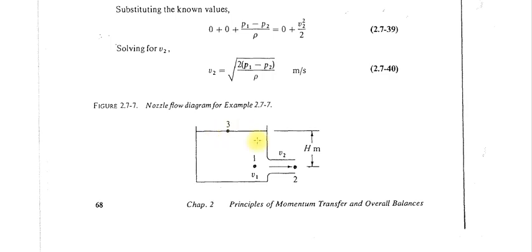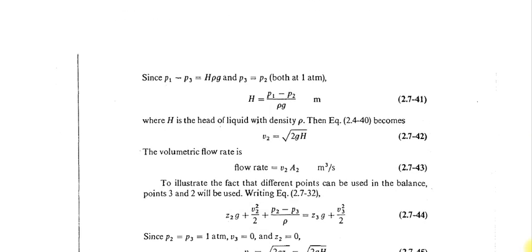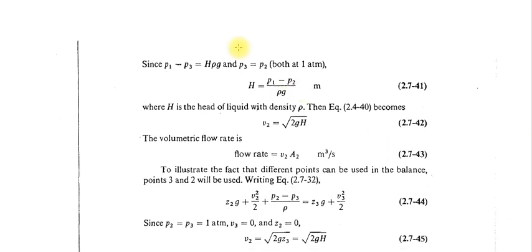So when you replace P3 with P2 in this equation, you will end up with H equal to P1 minus P2 by rho g.